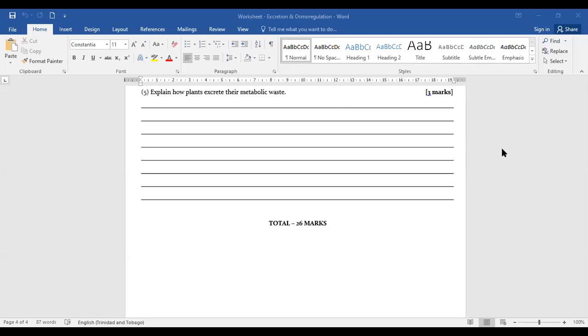What type of waste? Liquid or gas? Yeah, gas. Very good. And it will excrete any excess oxygen, carbon dioxide that is not needed by the plant. Very good. So through leaf fall, excess gases are excreted through the stomata of leaves.